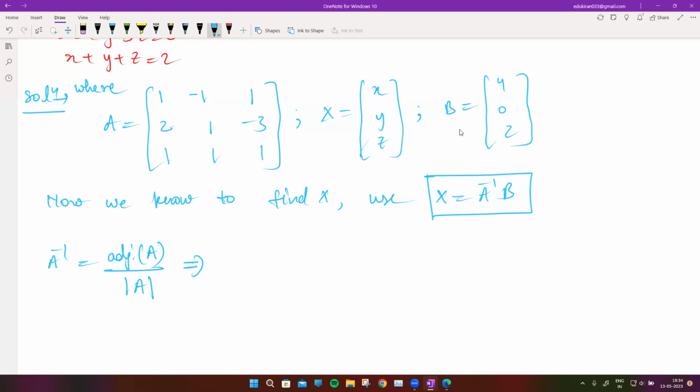To find that out, first find det. Det means determinant of A, which will be 1, minus 1, 1; 2, 1, minus 3; then 1, 1, 1. Right? And this would be 1 into 1, 1 plus 3, 4.